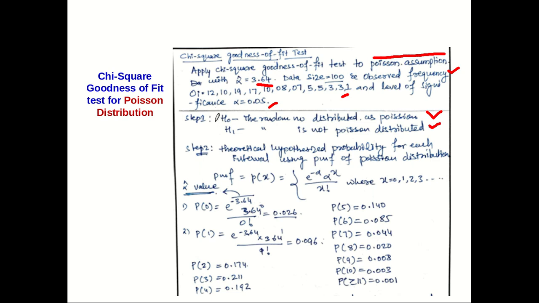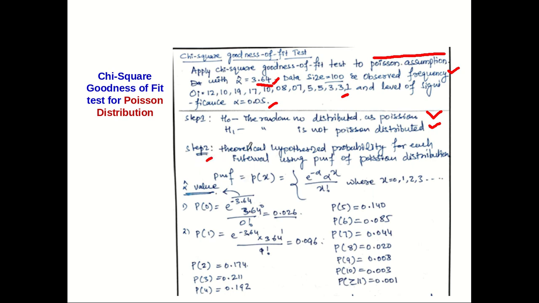Our aim is to test whether the null hypothesis is rejected or not. In the second step, the parameter estimator is given along with the problem statement, so there is no need to find its value. We go directly to the next step.